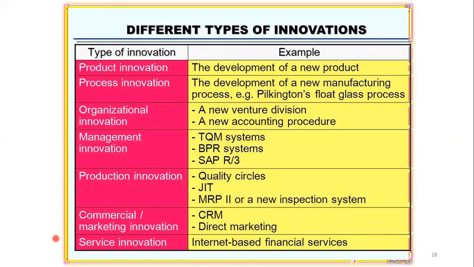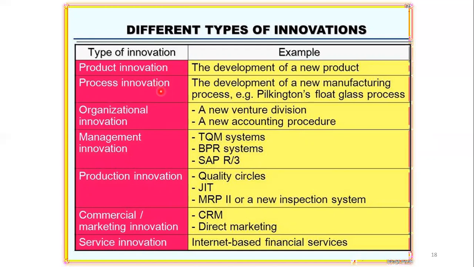In this figure, we can briefly discuss very simple types of innovations. The types of innovations, like product innovation: product innovation means the development of a new product, or modifying the existing product and adding new values to that product.